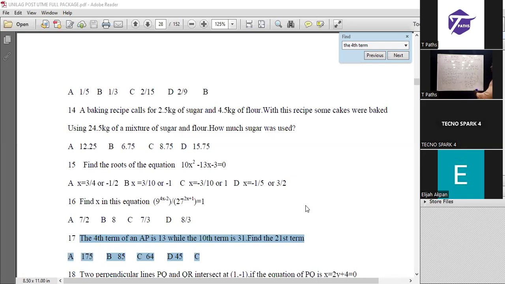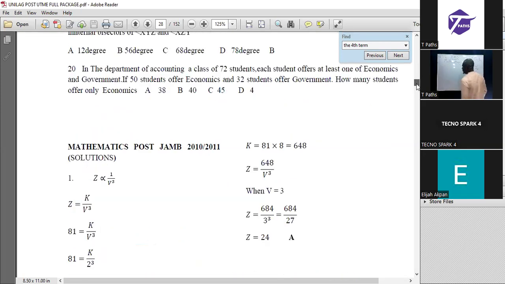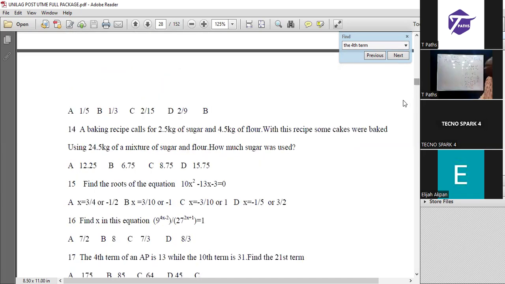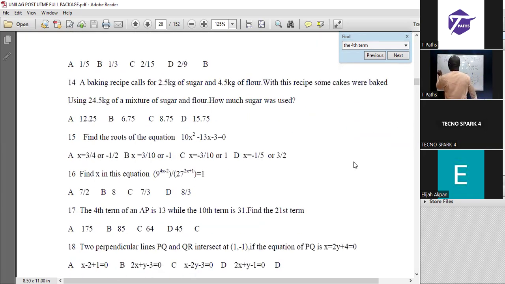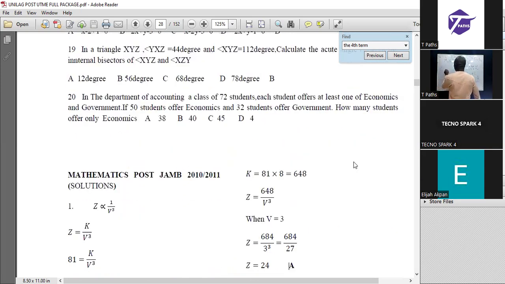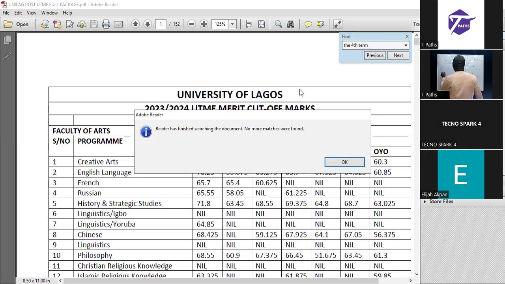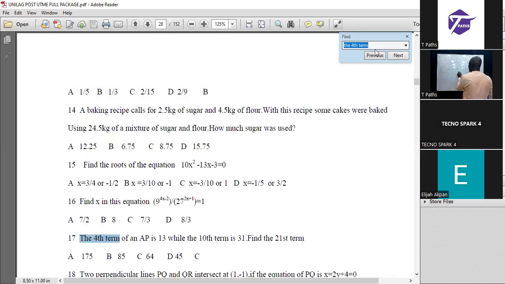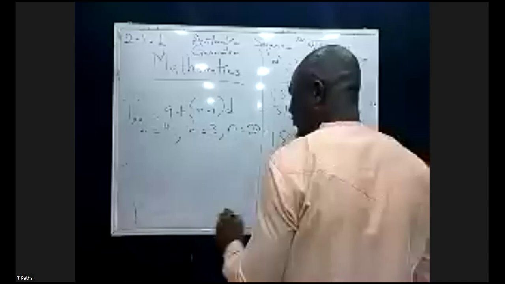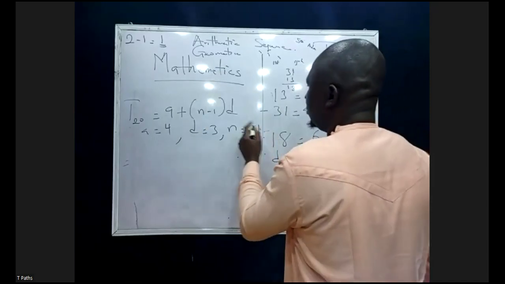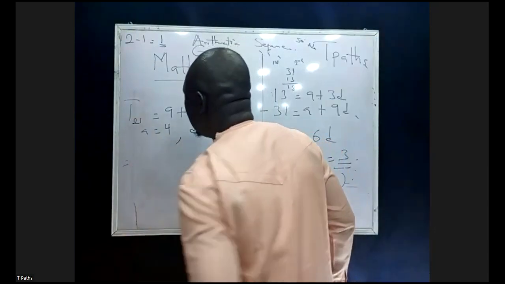Now, since we've gotten our A and our D, we can look for the 21st term. The formula is A plus N minus 1 times D. Our A is 4, our D is 3, and our N is 21.